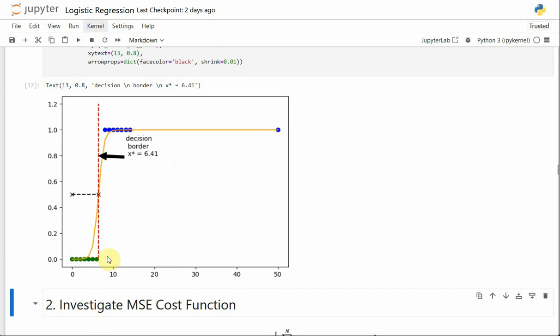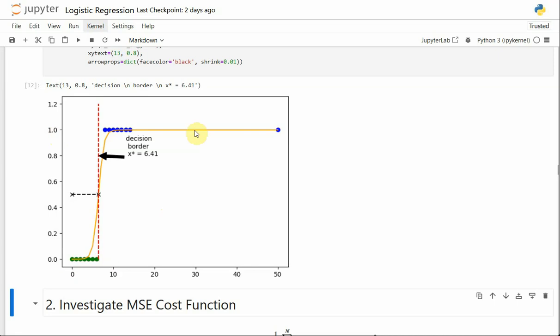So here you can see that the decision border is very similar to the one we had for linear regression without the additional outlier point. However, this sigmoid function only takes values between 0 and 1, and it never goes beyond 1. So we can see that the sigmoid function is much more stable than the linear function, and that it takes values between 1 and 0.